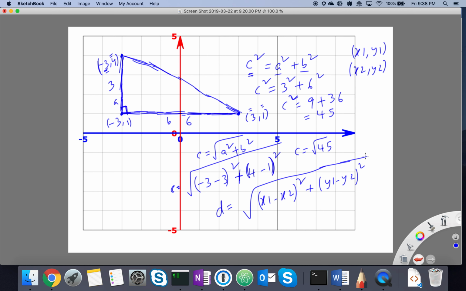That's it. So this is called the distance formula, but I did not start with the distance formula to explain the distance between two different points to you. You don't need to memorize this one.